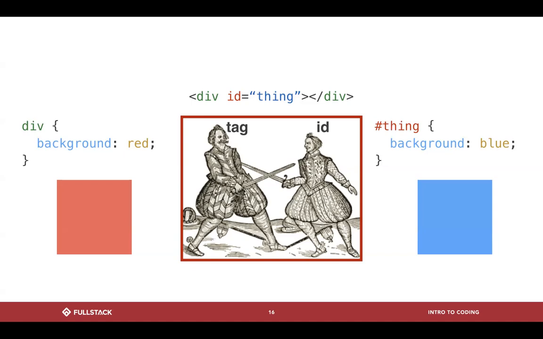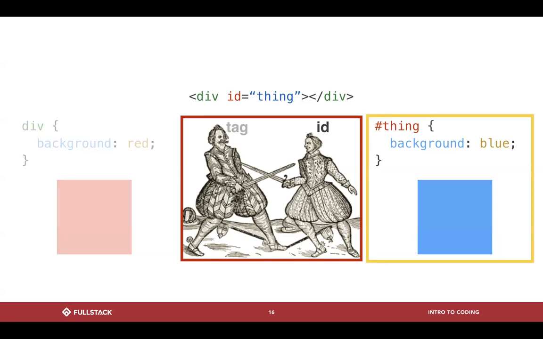So what happens here? IDs take precedence over regular HTML tags. IDs are the most specific, the most preferred thing for these CSS rules. If you think about it, like we were talking about yesterday, IDs are attributes that enable us to select only one element.